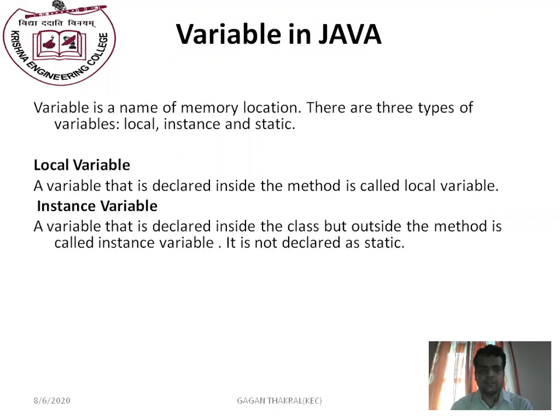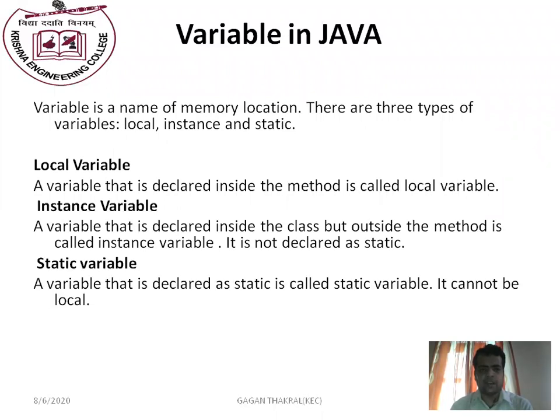An instance variable is a variable that is declared inside the class but outside the method. An instance variable is never declared as static. A static variable is a variable which is declared with the help of the static keyword. It cannot be a local variable.